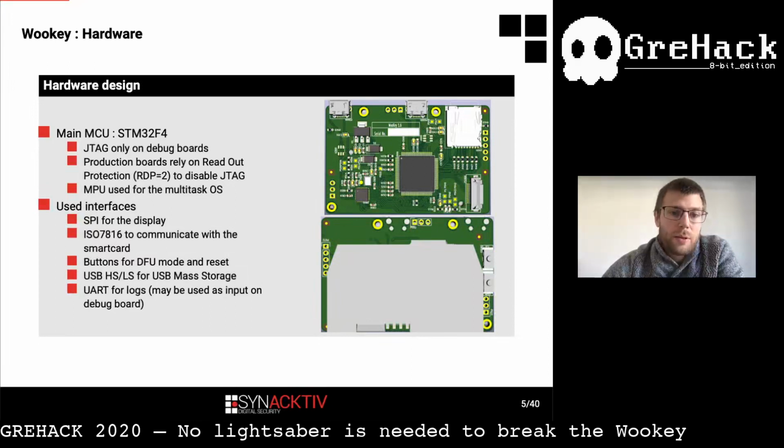The display is connected to the device with an SPI connection. The smart card communicates with the Wookey through the 7816 bus, which is a serial bus. The user PC can be connected to the device with USB, and a low speed and a high speed port are on the board.